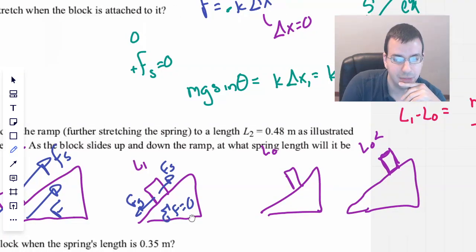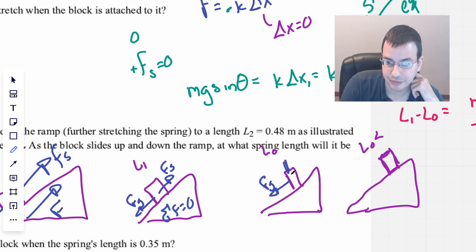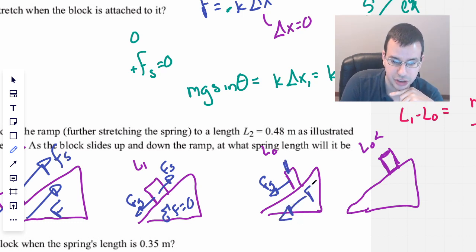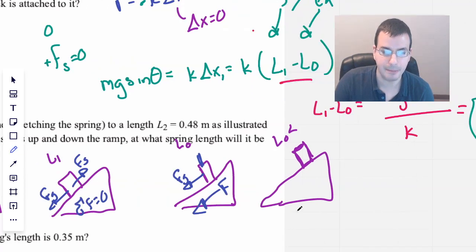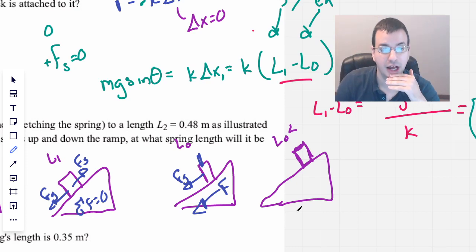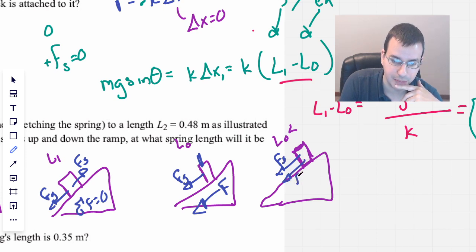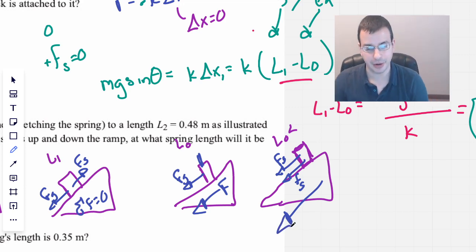Then when we get a little bit higher, we will have force gravity pulling it down, but there'll be no net force from the spring, so force will be going this direction. And then when we get above the relaxed length for the spring, we're going to have force gravity and force spring going this way, and therefore a big force going that way.